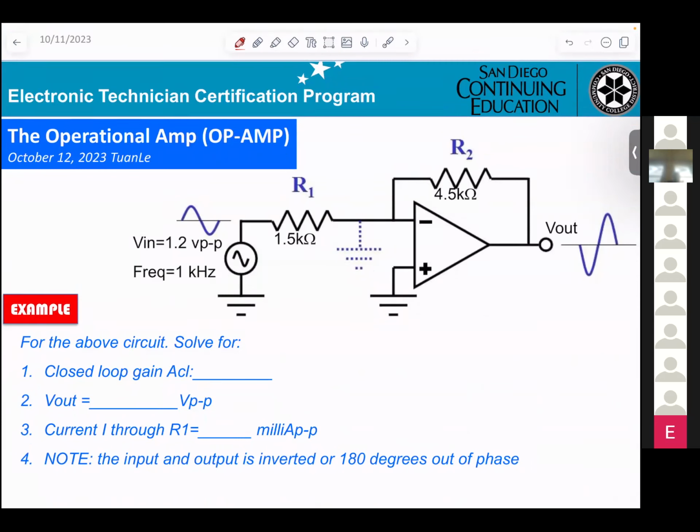Now the input will be 1.2 V peak to peak. They're telling you it is an AC signal at a frequency of 1 kilohertz. First thing, they want the closed loop gain.